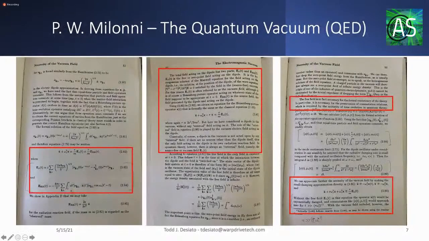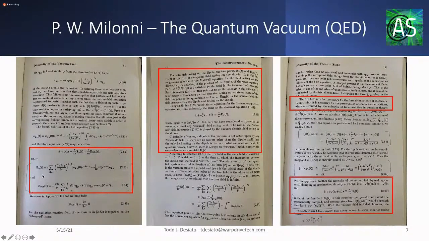So here are some excerpts from where this came from. This is Peter Milonni's book, The Quantum Vacuum: An Introduction to Quantum Electrodynamics. Here in chapter 2, he shows this equation 2.82, and this is just a regular harmonic oscillator equation, but on the right, you've got E naught and you've got E_RR, which is the radiation reaction field.